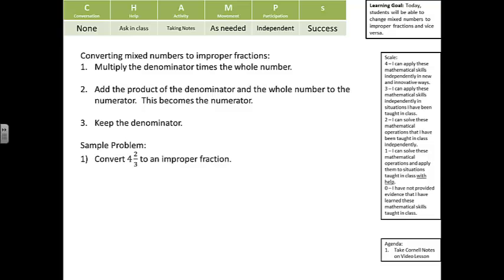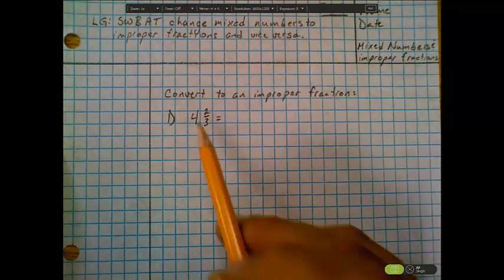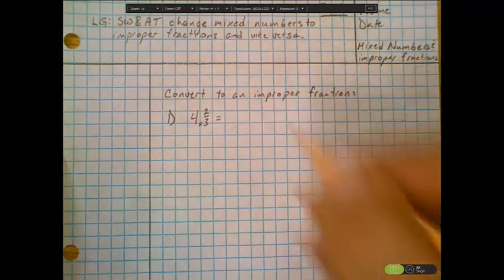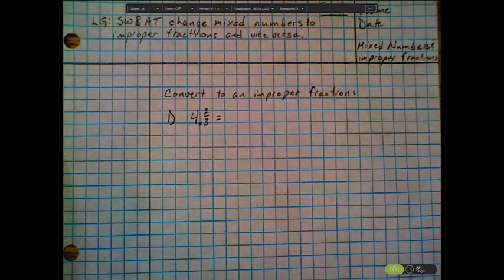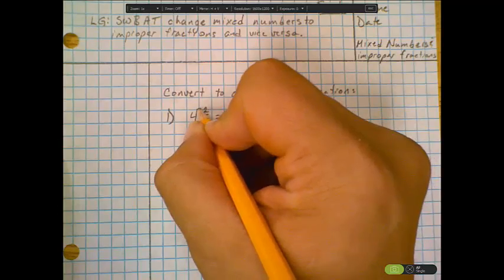So let's do a sample problem. The sample problem we're going to do is we're going to convert 4 2/3 to an improper fraction. We know that the first step was we're going to take the denominator and multiply it times the whole number. So I wrote a little multiplication symbol there to remind me that we're going to do 3 times 4. 3 times 4 is 12. The second step says that we're going to add the numerator to that answer.